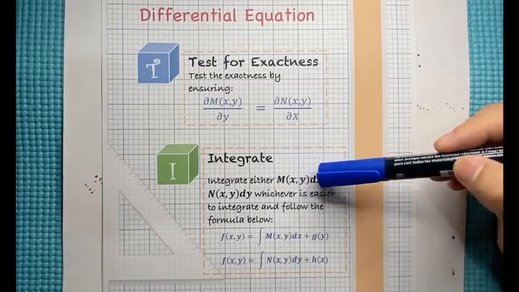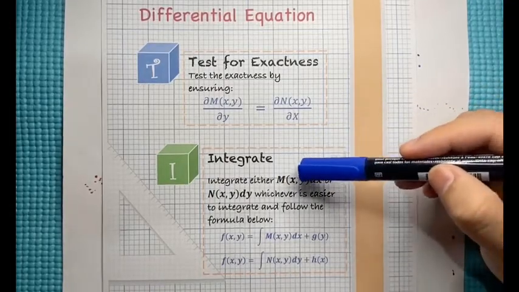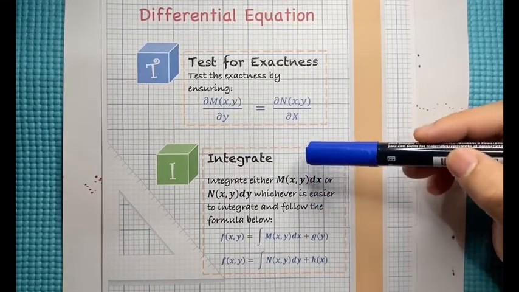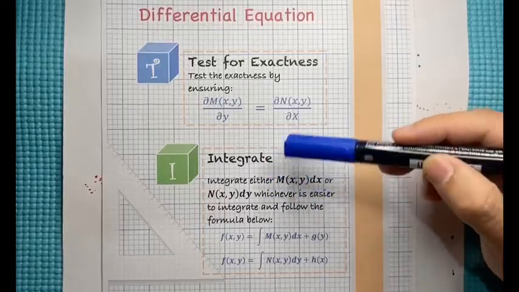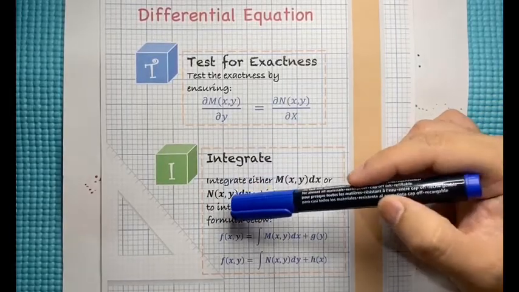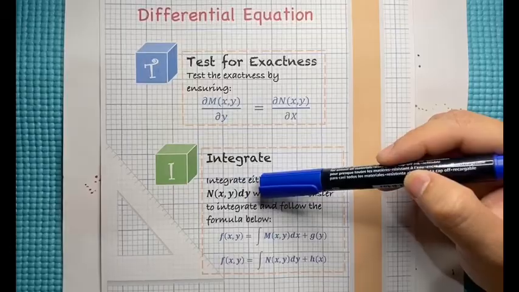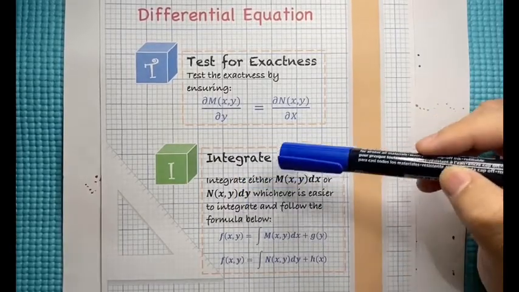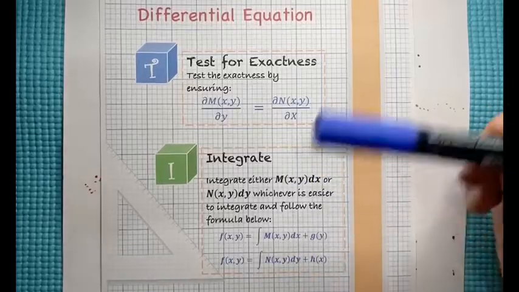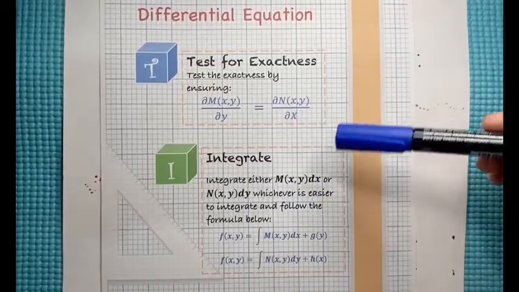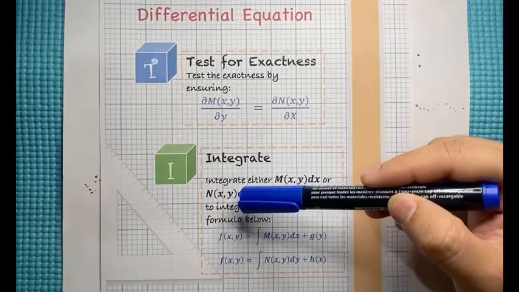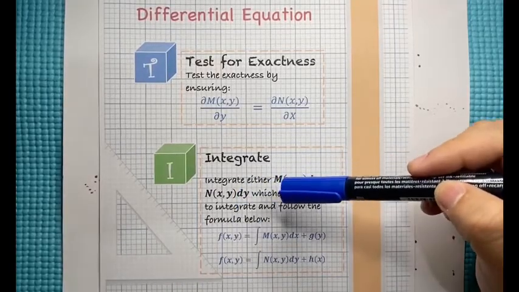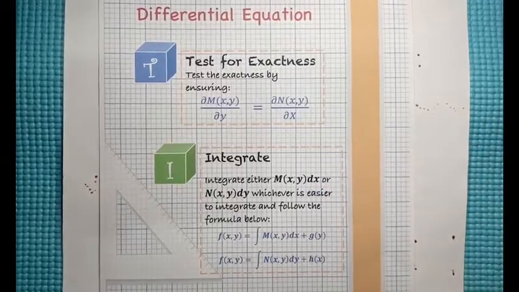If M of x and y has a shorter number of terms, or it would be easier to integrate M, then do it. If it is easier to integrate N of x and y dy, then choose that one, so that the process would be shorter. But in either case, whether we choose the function M or the function N, we will arrive at the same exact answer.